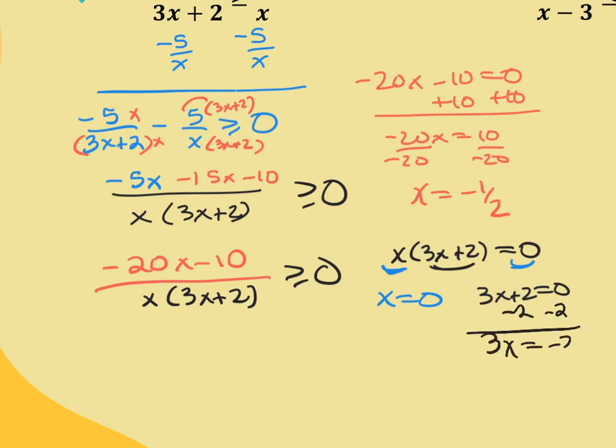So 3x equals negative 2, divide by 3, and my answer here is negative 2/3. Now remember, these two answers, because they came from the denominator, are going to have parentheses. This is the only answer that's going to get brackets around it.